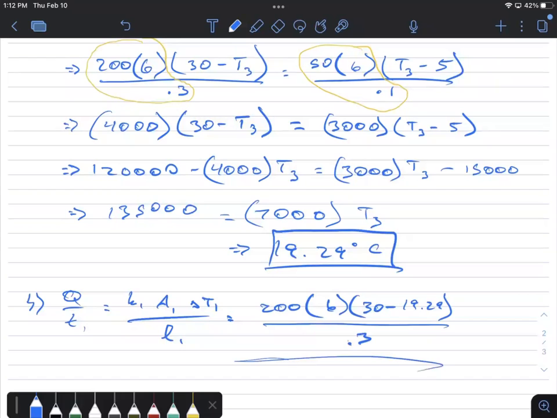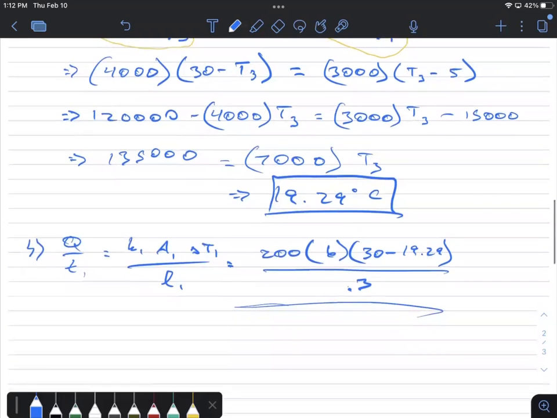And now check it out. All of this is a bunch of numbers. No unknowns anymore. I could get an actual answer. So I plug this in my calculator. 200 times 6 times 30 minus 19.29, all divided by 0.3. I get 42,840 joules per second.